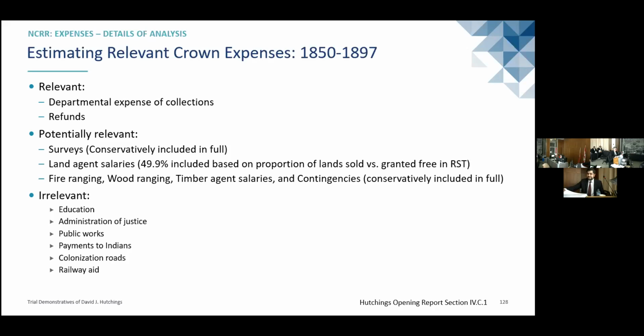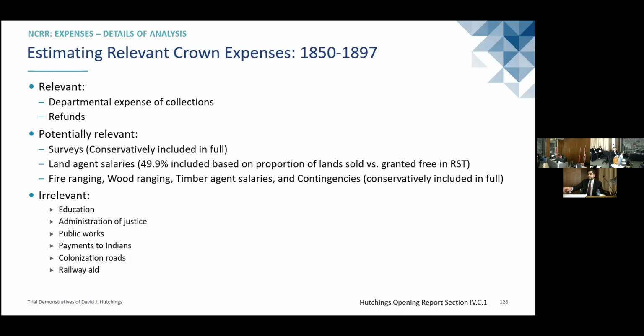Of those three, the first and third are relevant, and the second one is partially relevant. I think this was just a helpful way to say potentially relevant. Surveys are partially relevant for the reasons I discussed, but I include them all, so I treat them as fully relevant. Land agent salaries are partially relevant, and I'm able to separate the part on a proportional basis.